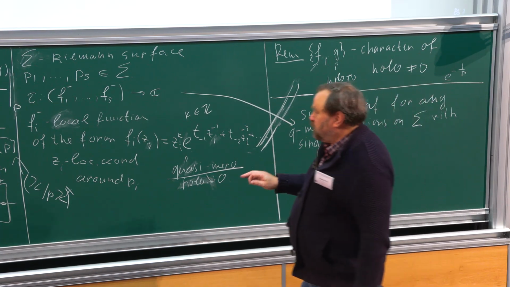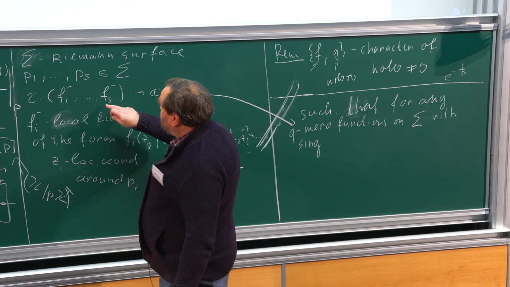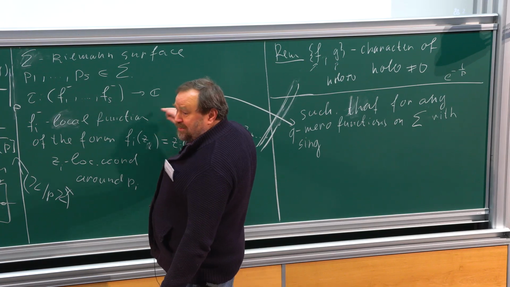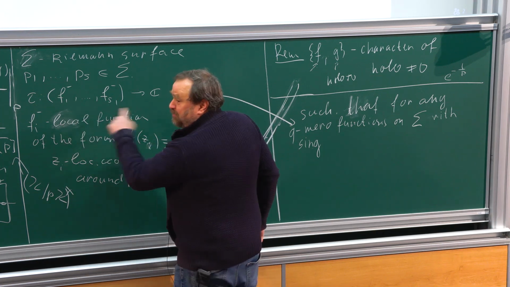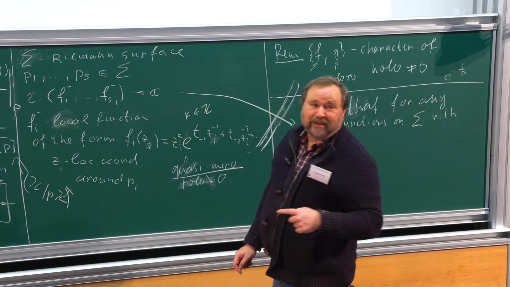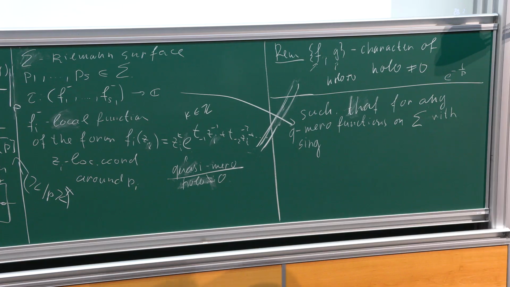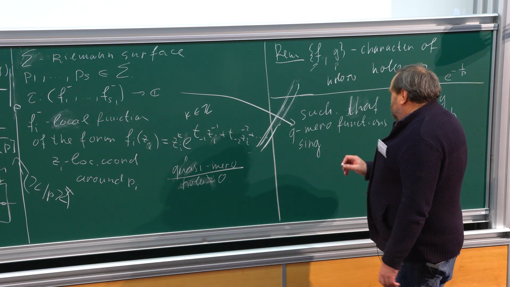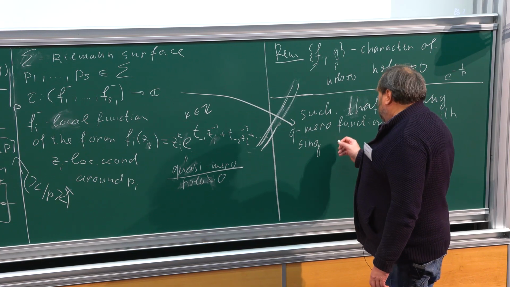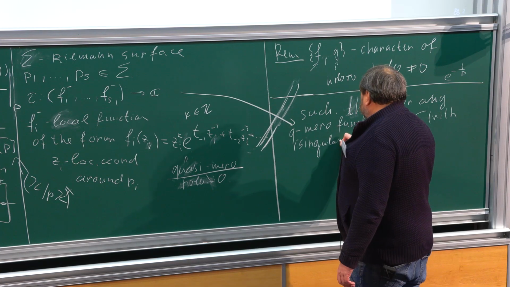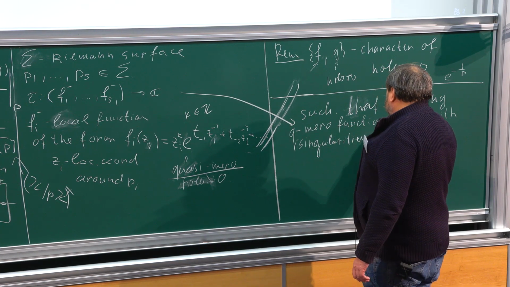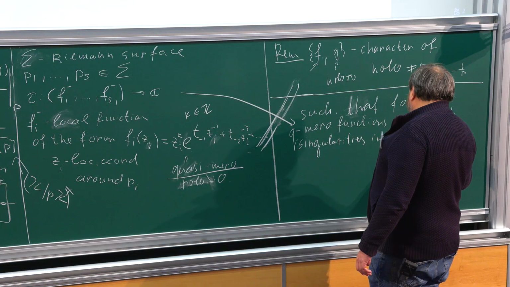It doesn't matter, because you can always imagine that you have a function at every point of the curve, but it's always one except at finitely many places.